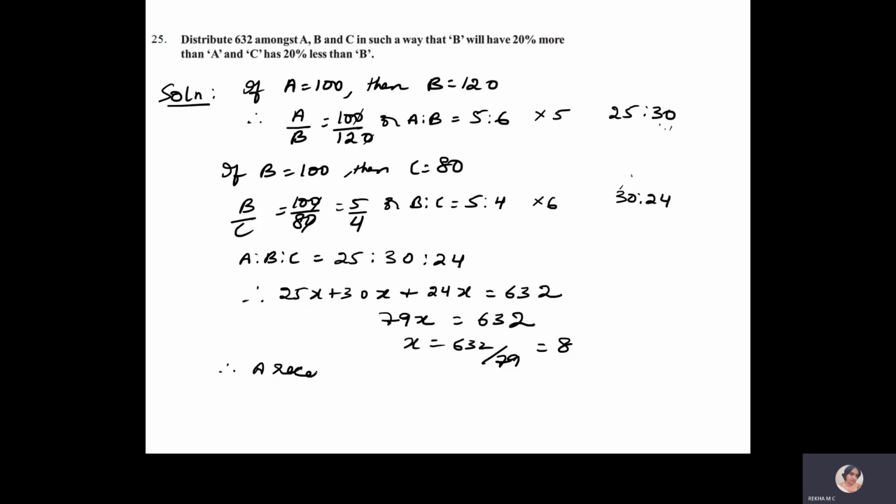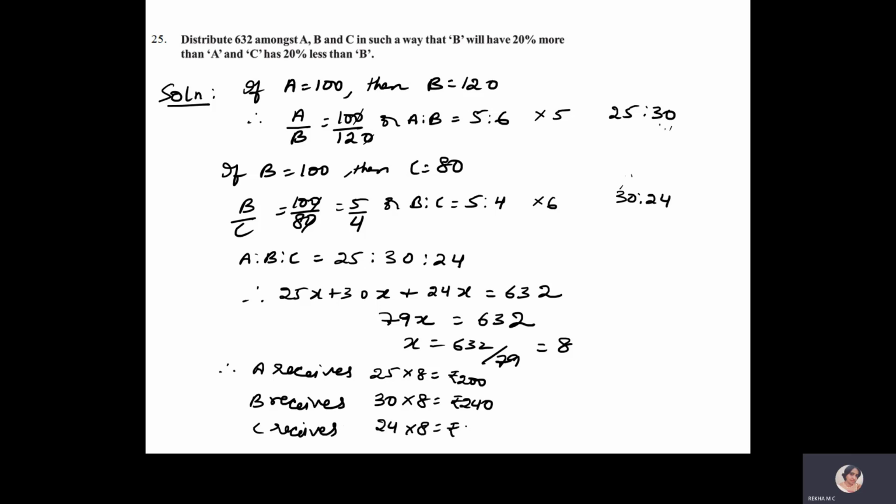Therefore, A receives 25 into 8, that is rupees 200. B receives 30 into 8, that is rupees 240. C receives 24 into 8, that is equal to rupees 192.